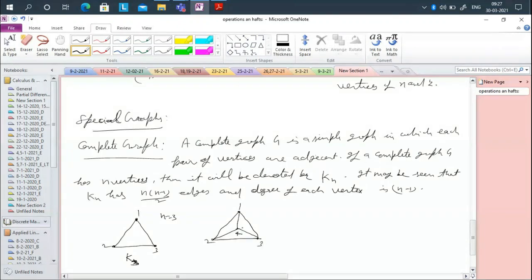And the degree of each vertex is n minus 1, that is 3. And the number of edges, how many edges here? 1, 2, 3, 4, 5, 6. That is 4 into 4 minus 1 by 2. That is called K4. Okay.